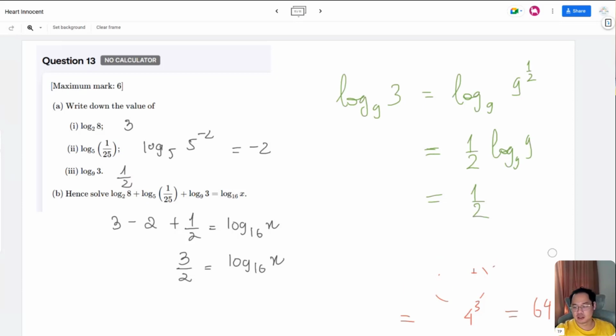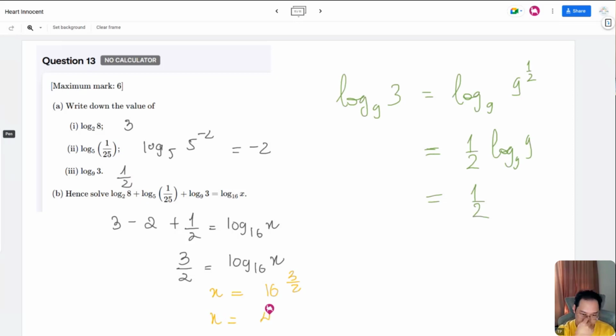You can change the color, make it red to emphasize its importance. Remove the log, then X equal to 16, power 3/2.